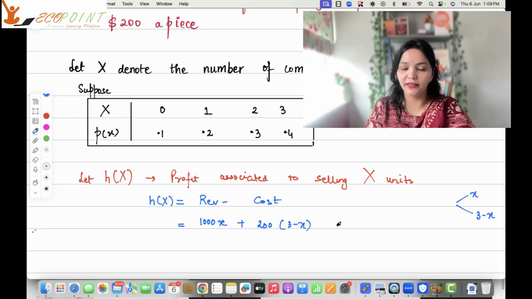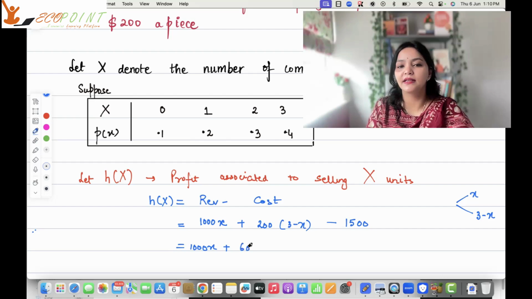So plus 200 into 3 minus X, minus, he has bought each computer for 500. So in total, he has spent 1500. Okay. So 1000x plus 600 minus 200x minus 1500 is what you get. That means 800x minus 900.